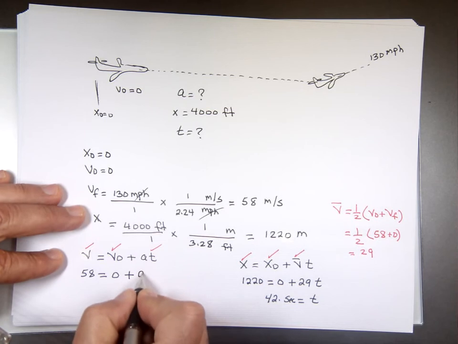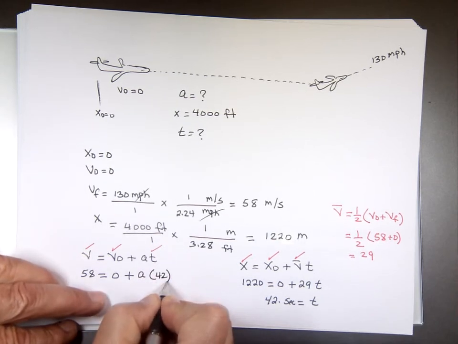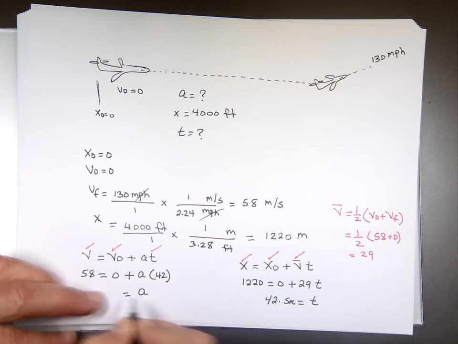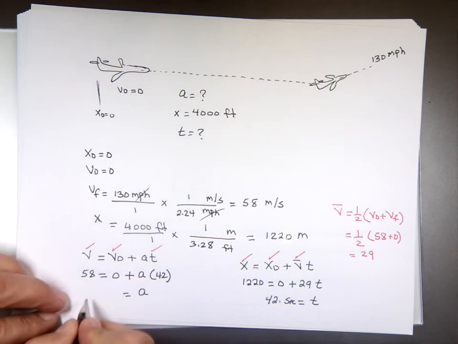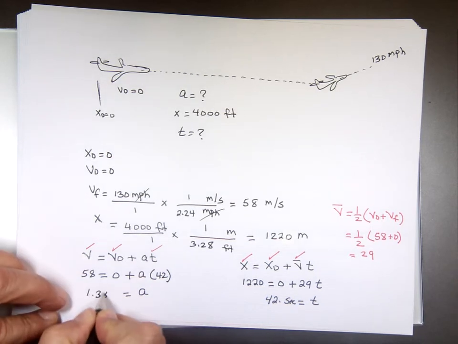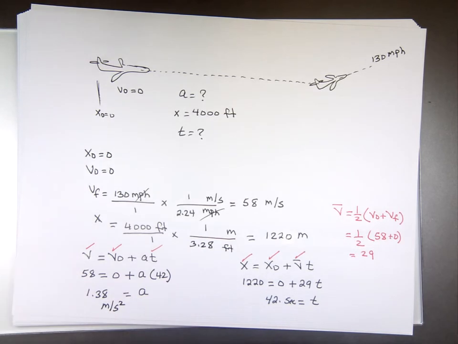And my time is 42. What is the acceleration? 58 divided by that number, 1.38 meters per second squared.